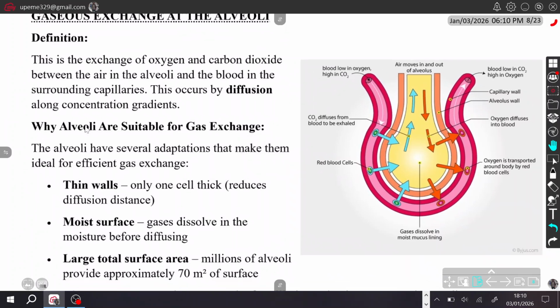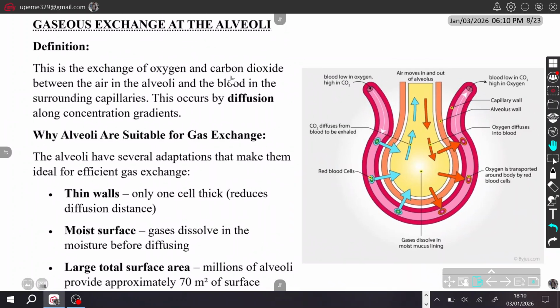So this is the diffusion of oxygen and carbon dioxide between the air in the alveoli and the blood in the surrounding capillaries. This occurs by diffusion along a concentration gradient. So why are alveoli suitable for gaseous exchange?